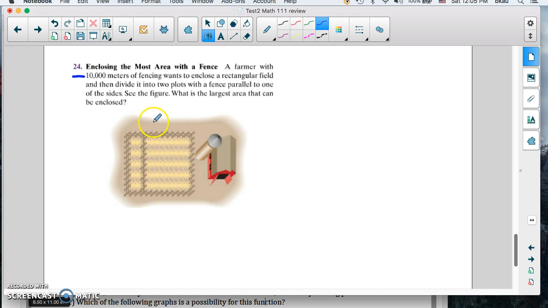So if we do that, we allow this side to be x and these sides to be y. Basically your area is going to be x times y. And you have 10,000 feet of fencing, so that's going to be 10,000 equals 2x plus 3y.